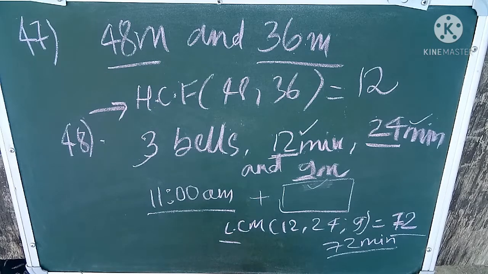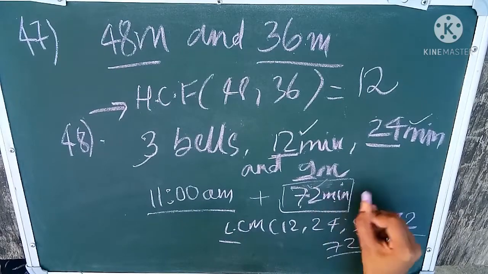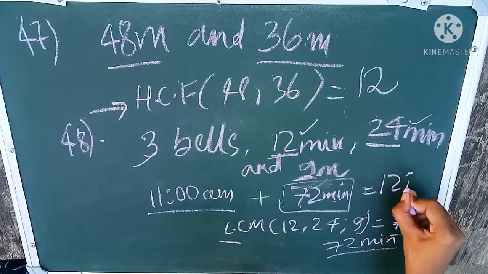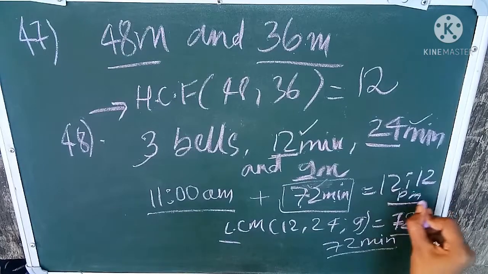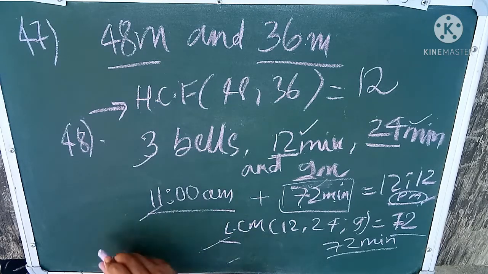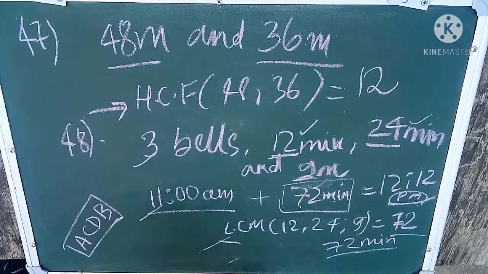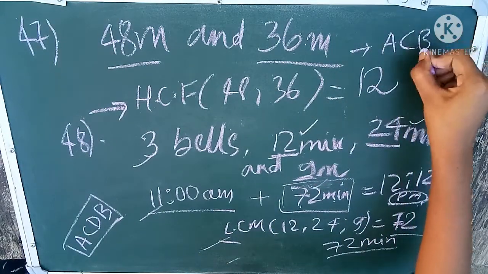To know the exact timing, we need to add these 72 minutes, which will be equal to 12 hour and 12 minutes in PM. And this is the correct answer. So all these processes we have to arrange in the correct order, that is, what we need to find out first and what are the next steps. According to the question, the correct order of 48 here is ACDB, and the correct order in question number 47 is ACBD.